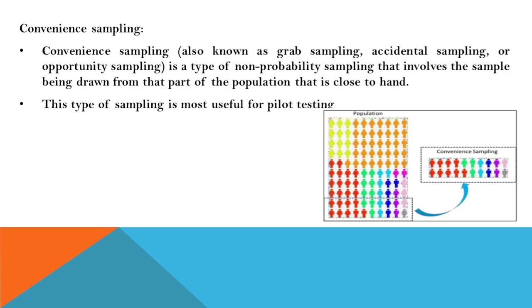This type of sampling is most useful for pilot testing. For example, as you see here, in the population, these sections are included under sampling or taken as a sample.